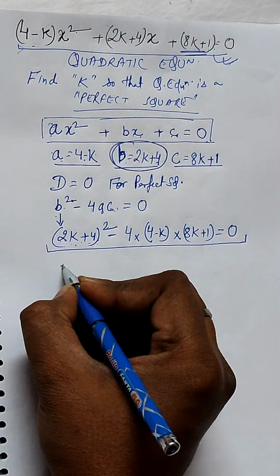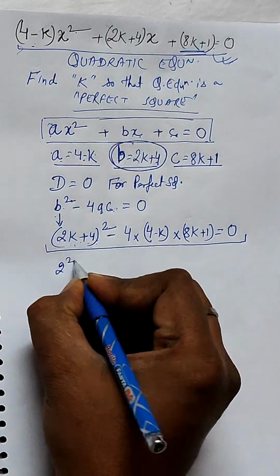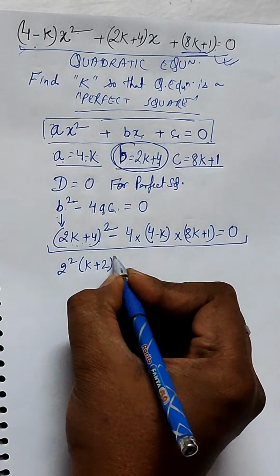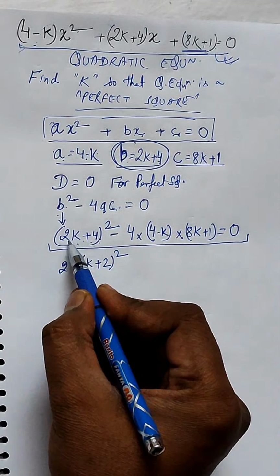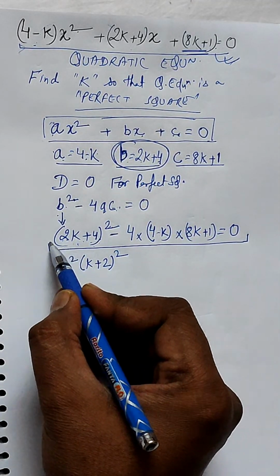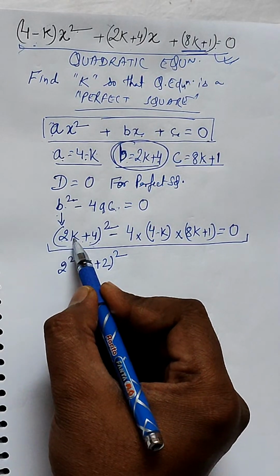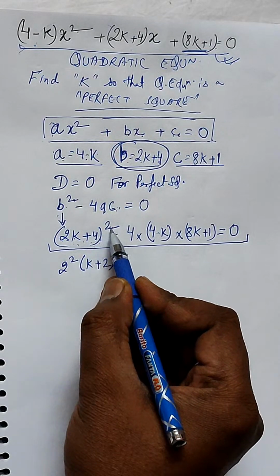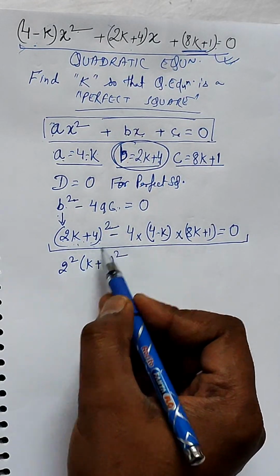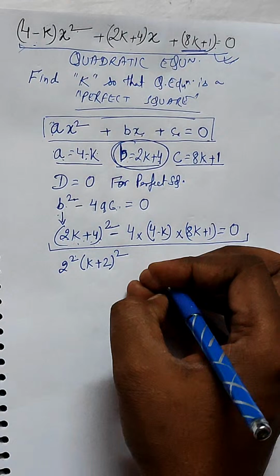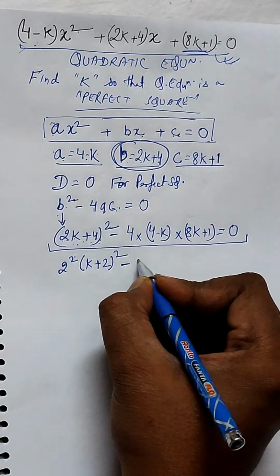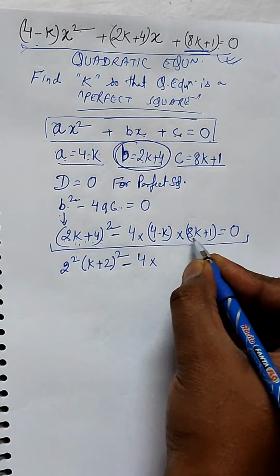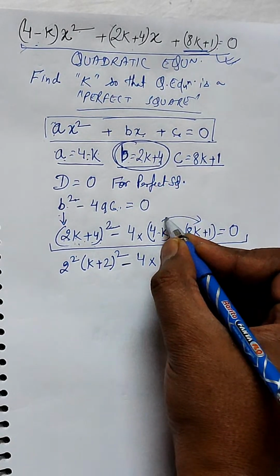Then it will be 2 square and k plus 2 whole square. I bring 2 common from 2k and 2 common from 4, then the square comes on top. So 2 square is taken as common, and here it's minus 4 into 4 minus k into 8k plus 1. Just expand this.